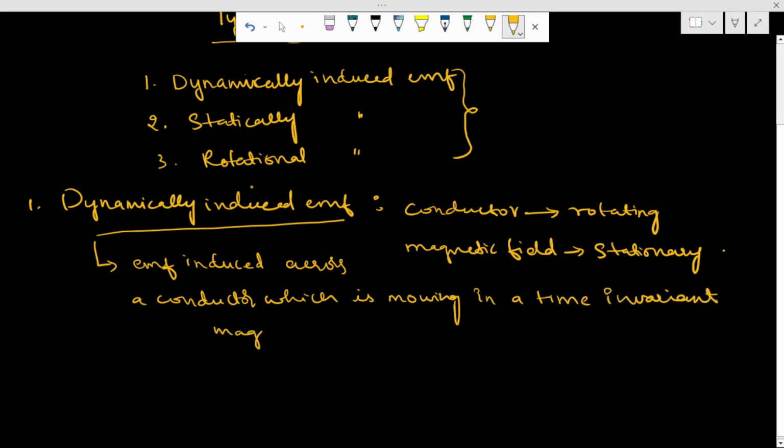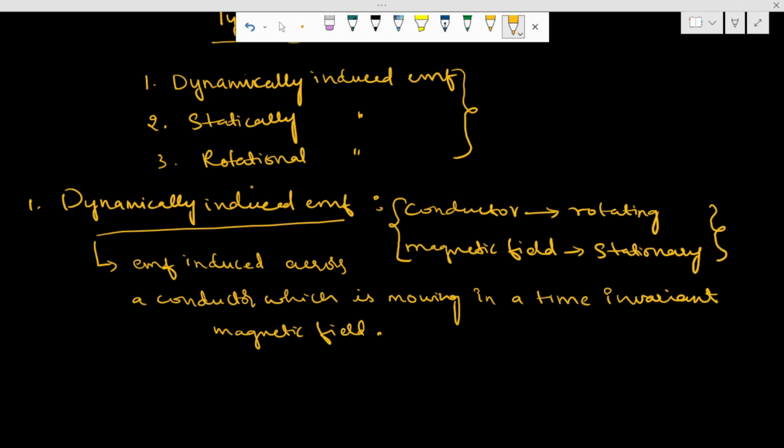The main thing in the dynamically induced EMF is that the conductor is rotating and the magnetic field is stationary. In this case we can get the dynamically induced EMF.